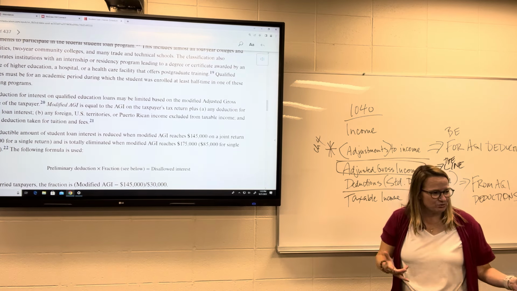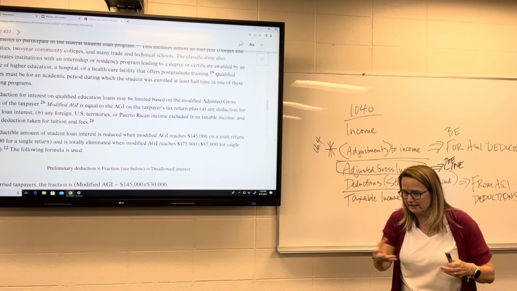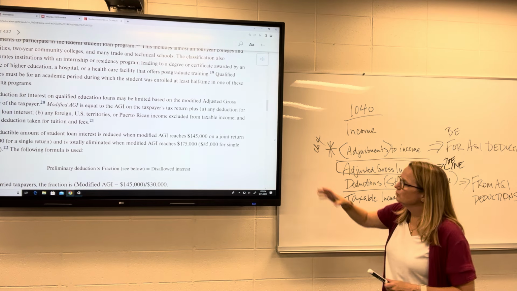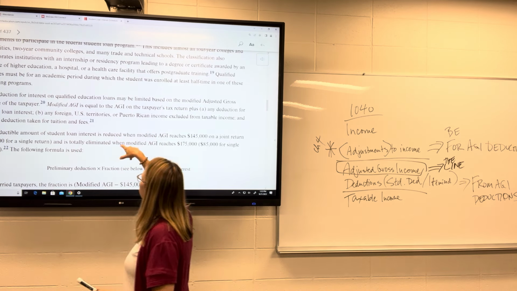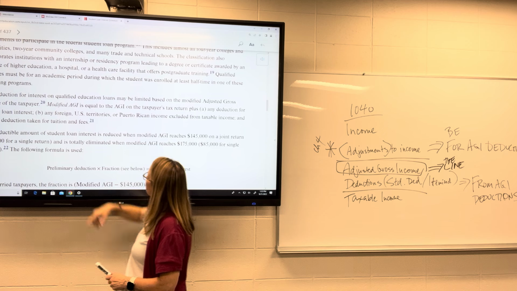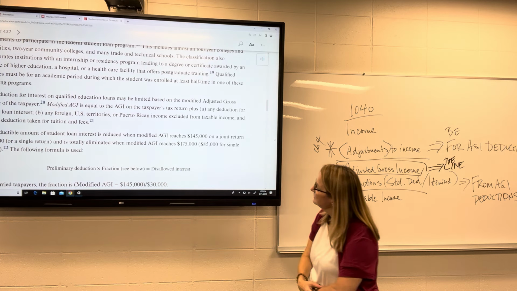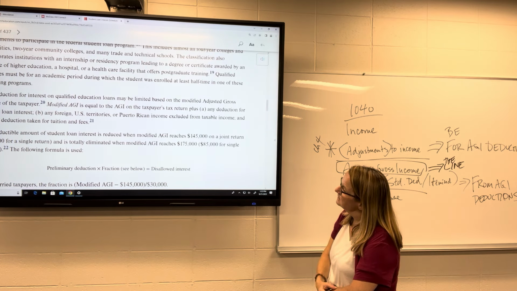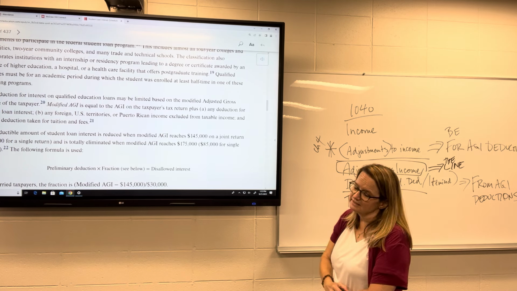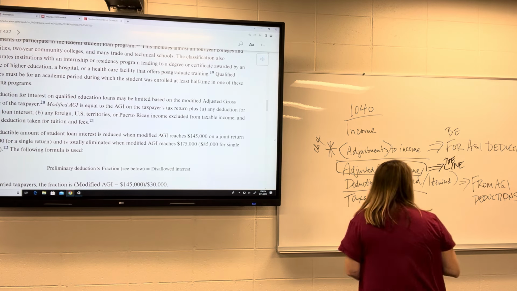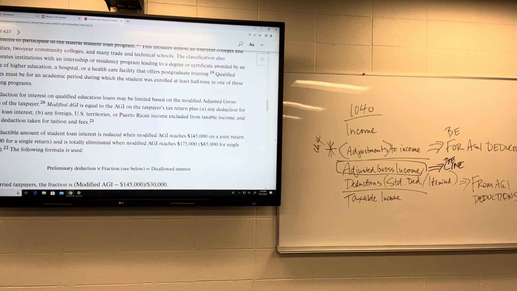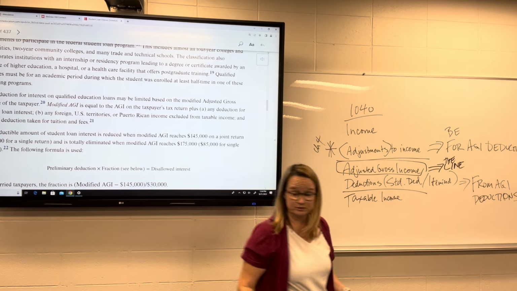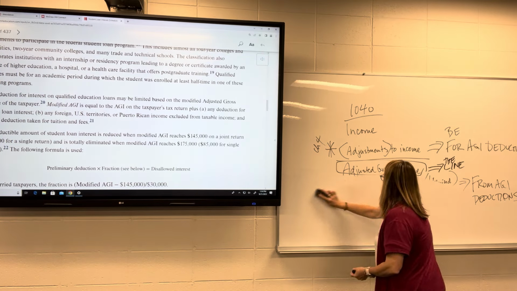So we're not going to include any possible deduction for student loan interest. Also foreign earned income that had been excluded, and any deduction taken for tuition and fees. That deduction doesn't exist anymore, so it's not really relevant. So for our purposes, what we want is AGI before we've subtracted anything for student loan interest. So we would have to add that back.